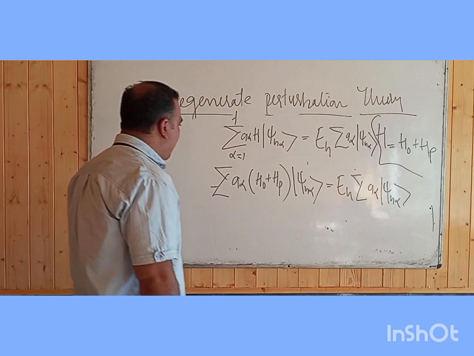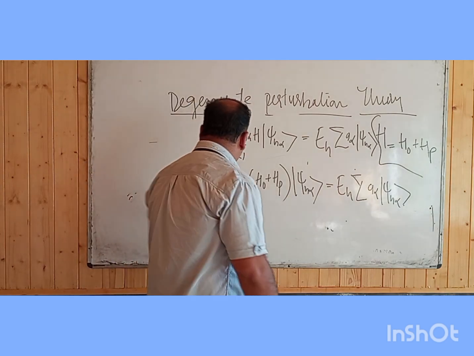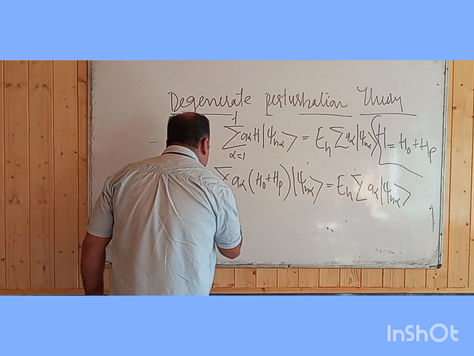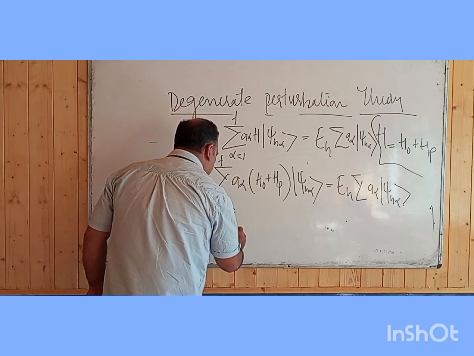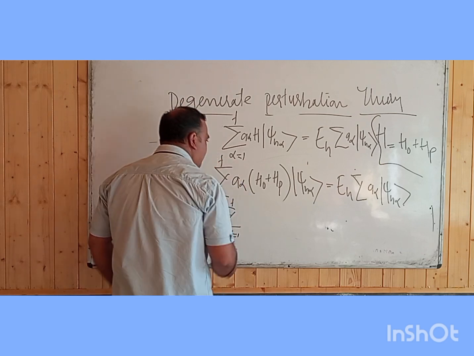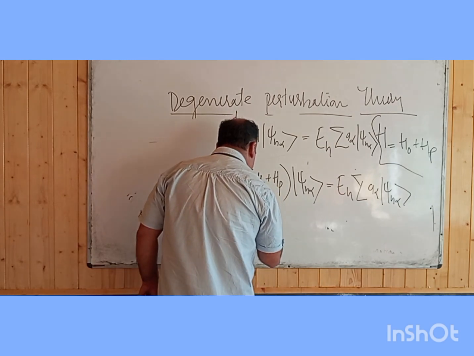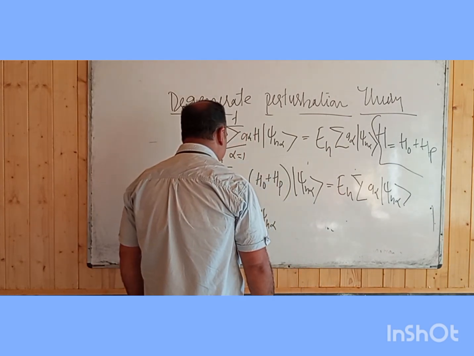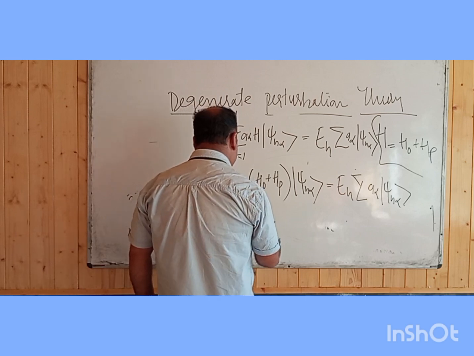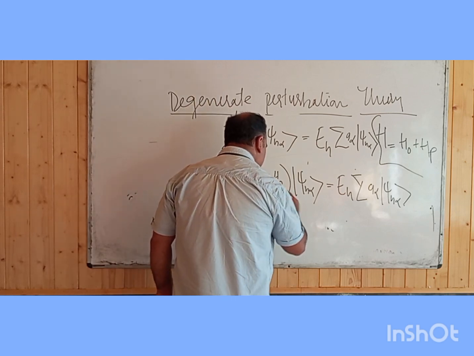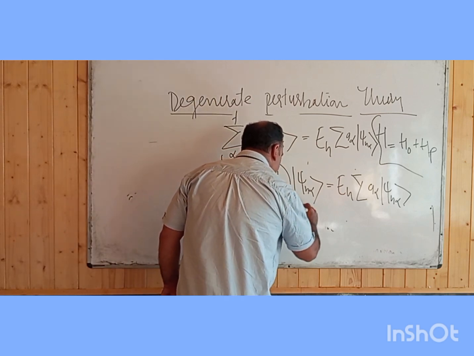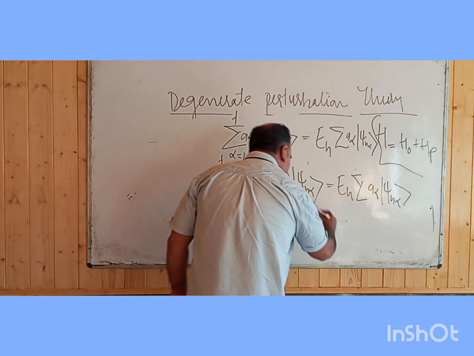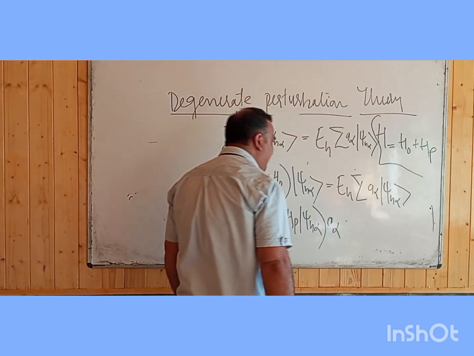Now we can take the product over here, with alpha running from 1 to f. We will have H naught psi n alpha plus HP psi n alpha, keeping A alpha on the outer side.